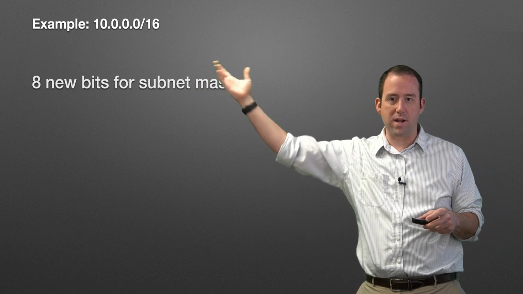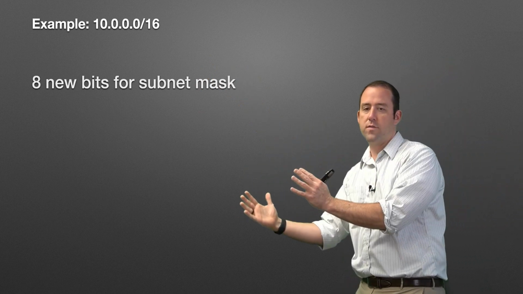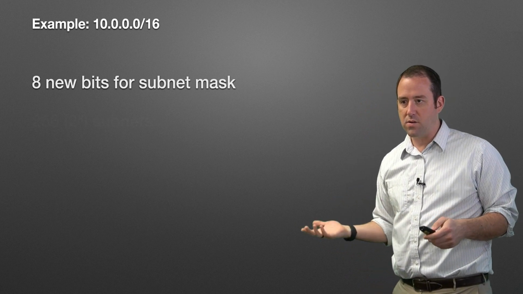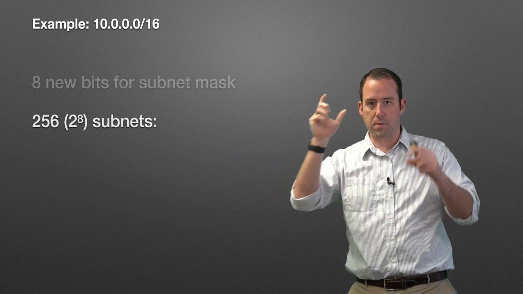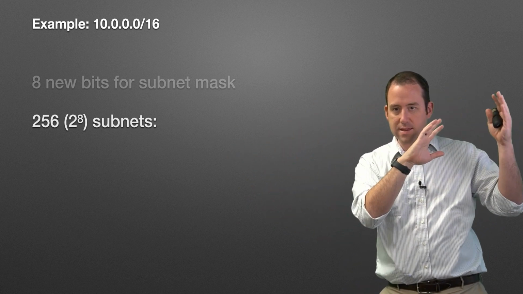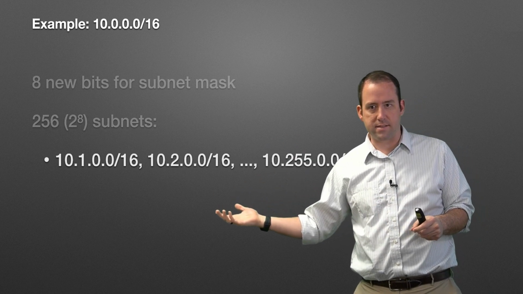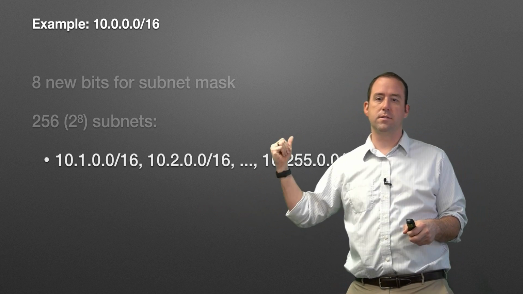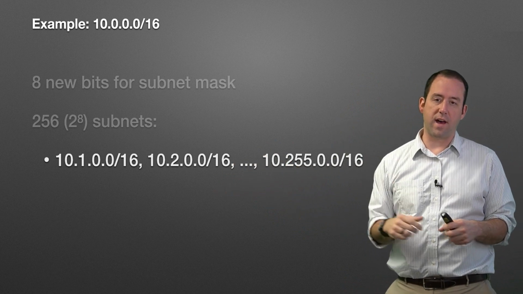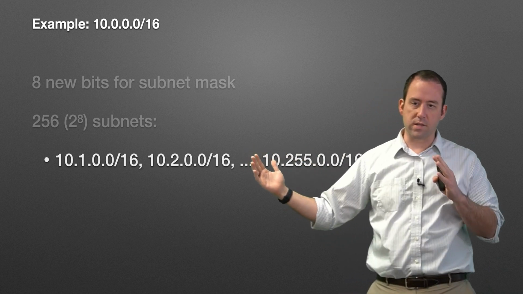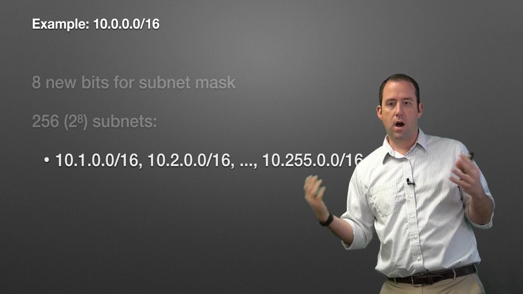Remember, it was /8 before, now it's /16. That means we've moved 8 bits from the host side over to the network side. And by doing that, we have created 256, which is 2 to the 8th, remember those 8 bits that we moved over, 2 to the 8th subnets. And those subnets are 10.0.0.0, 10.1.0.0, 10.2.0.0, 10.3.0.0, up to 10.255.0.0. All of those networks in between, from 10.0 to 10.255/16, are all subnets there.